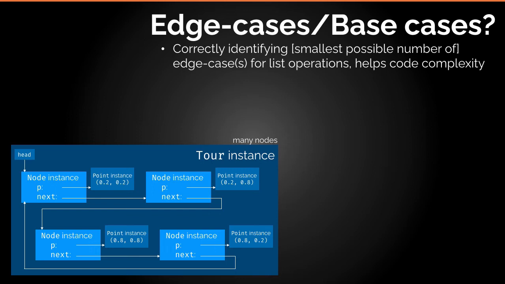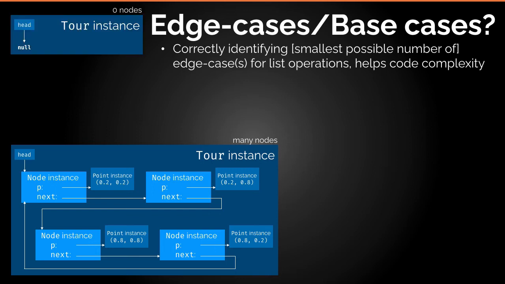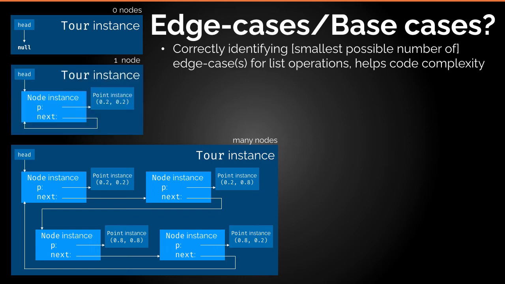Well, this is a list that has a bunch of elements, but you're going to have edge cases. What are they? Is it just when there are 0 elements? Is that an edge case? Or is 1 element also an edge case? That depends on the data structure that you're using, and that also depends on the method that you're writing. So some methods are going to vary.